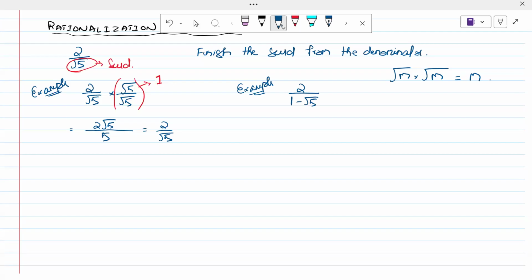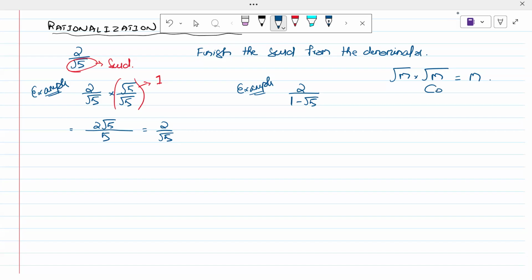Unlike the first case where we had only one single surd number in the denominator, now we have multiple terms in the denominator, and only one of the terms has the surd number. So in this case, what we do is we multiply both numerator and denominator by its conjugate.